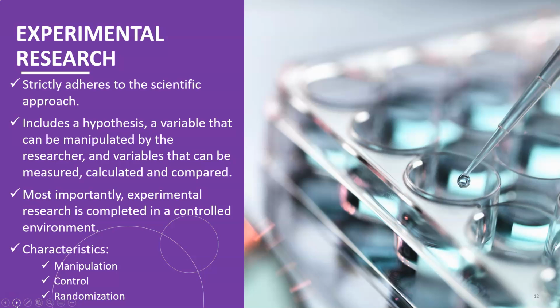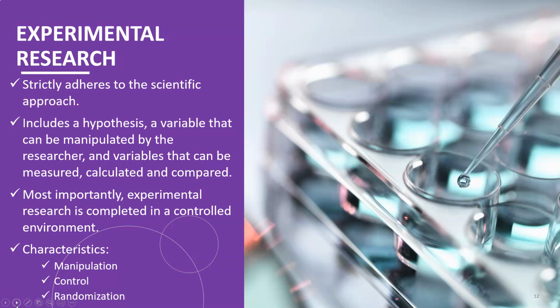It includes a hypothesis, a variable that can be manipulated by the researcher, and variables that can be measured, calculated, and compared. Most importantly, experimental research is completed in a very controlled environment, and it always has three characteristics: manipulation, control, and randomization. So remember those.